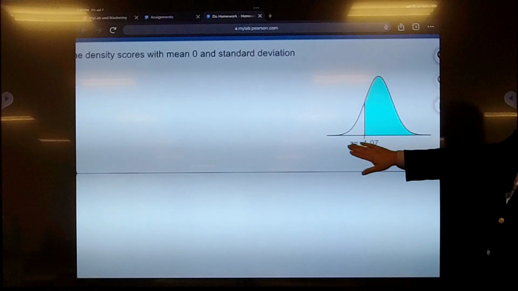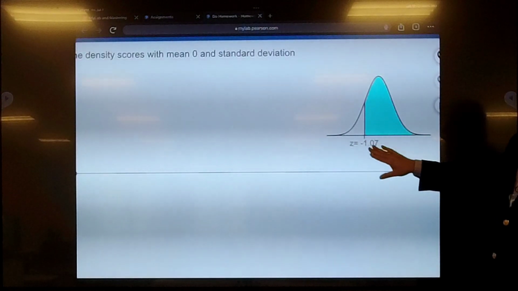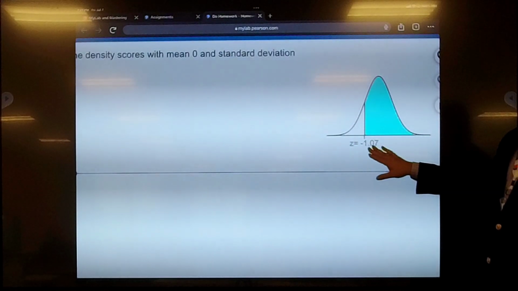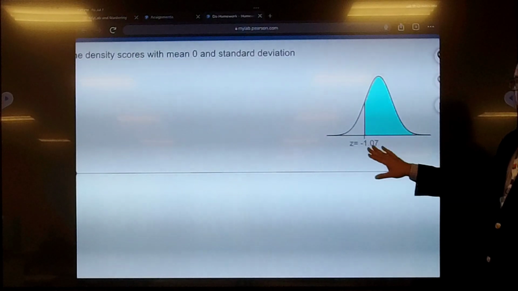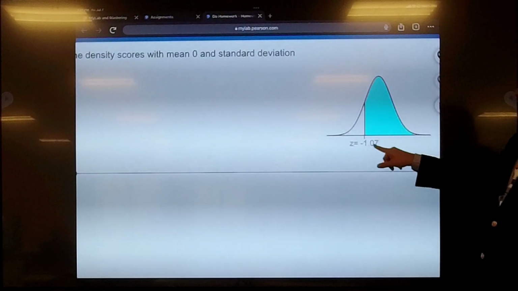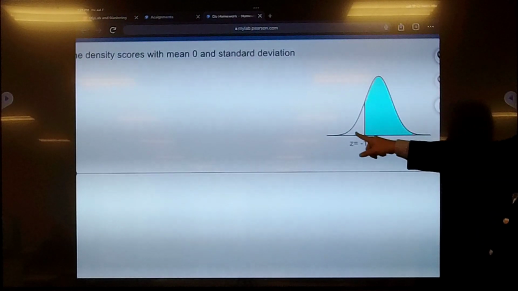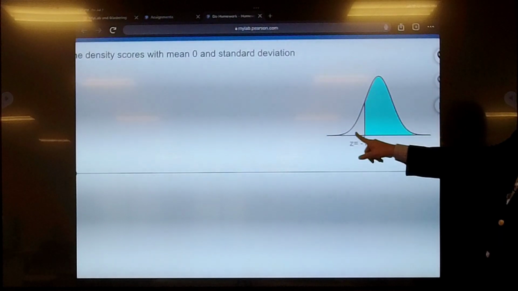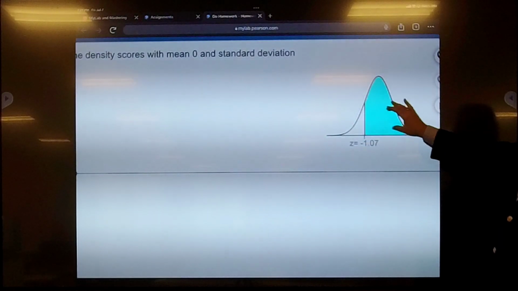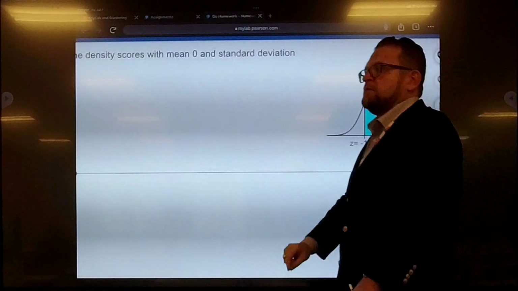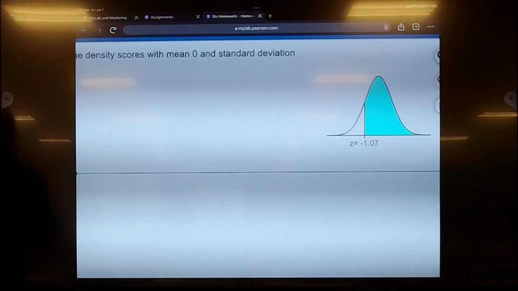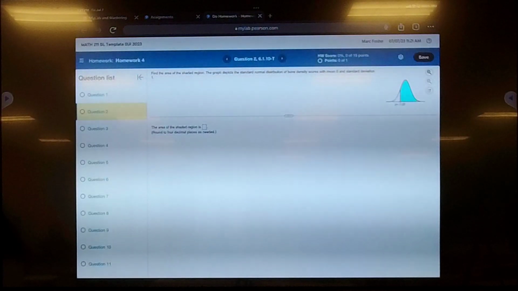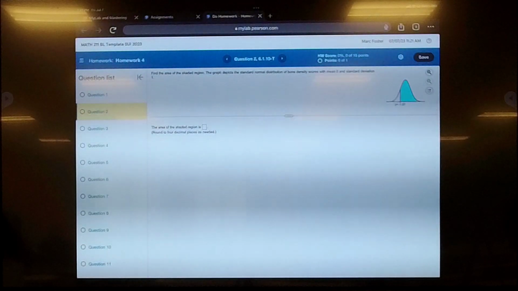You could just say you want to talk about greater than minus 1.07. If I configure the calculator to say less than minus 1.07, it's going to be this area over here. If I configure it to say greater than, it will be this area over here. That just makes it one less step that needs to be done.